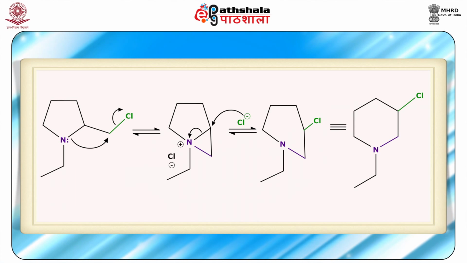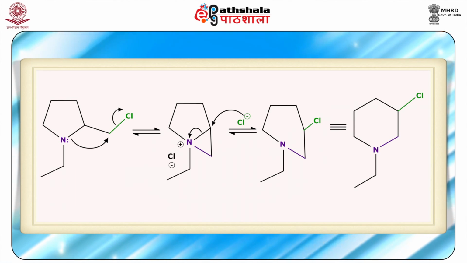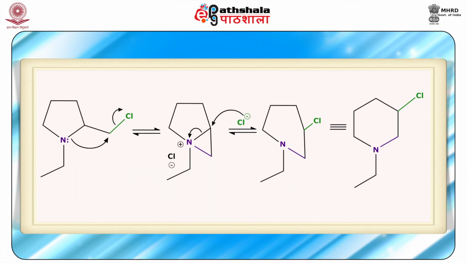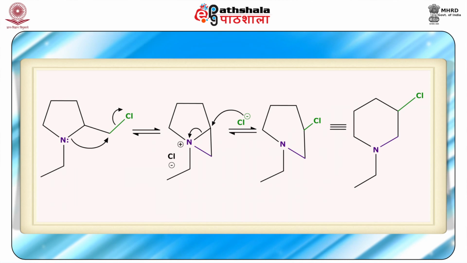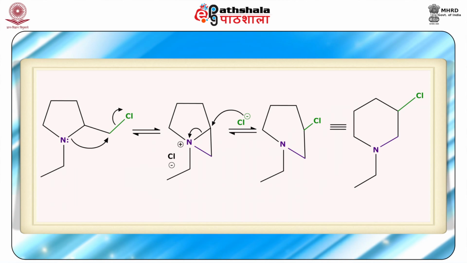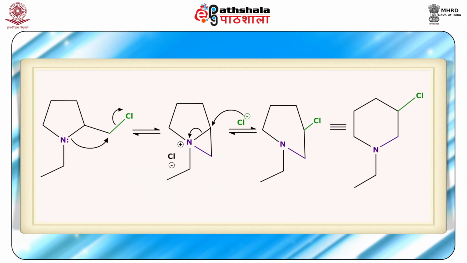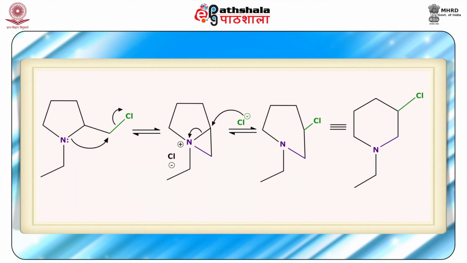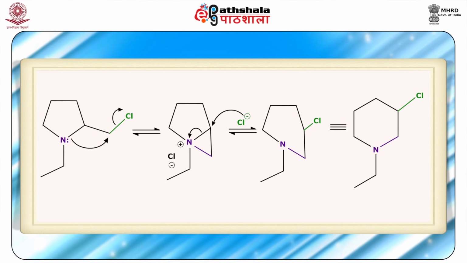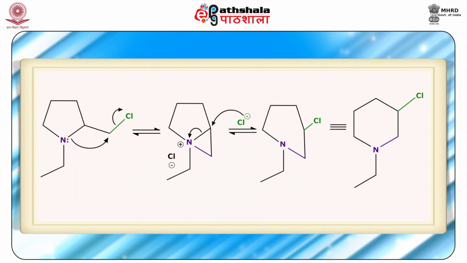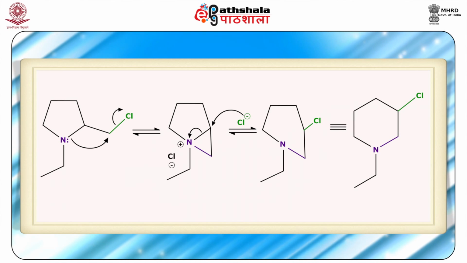But this 5-membered and 3-membered ring system is quite unstable. So further, as Cl- attacks here, rather than opening back in the same way, it will be this N-C bond which goes into cleavage, because this way it gives a more stable ring system, which is a 6-membered cyclic ring, and this can be rearranged into this. So what we get is this cyclic ring which is a 6-membered ring.